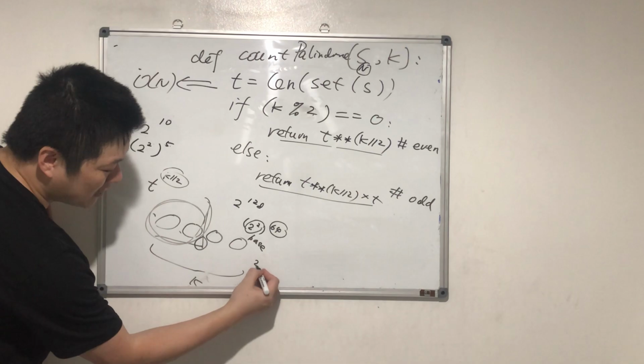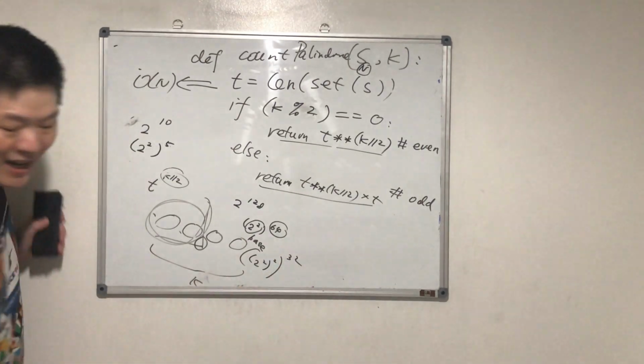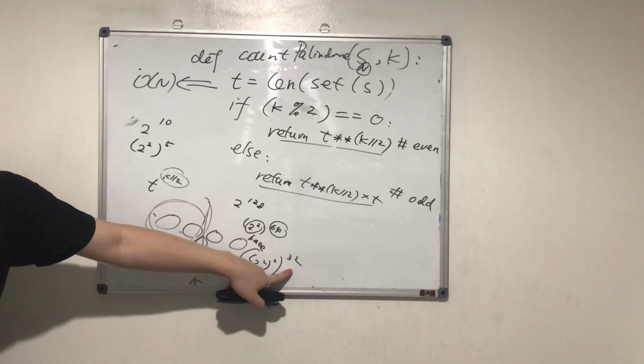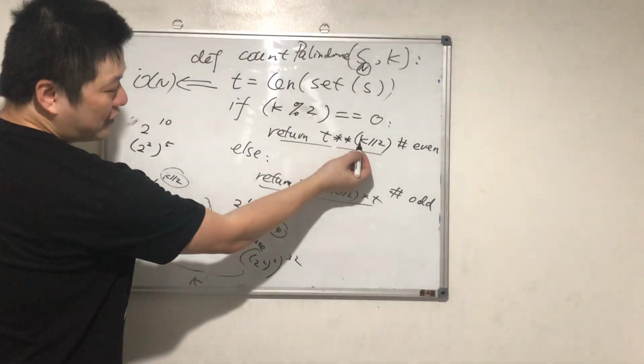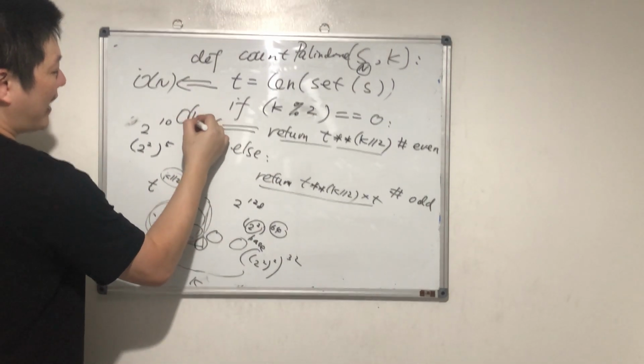It's half again, and half again. So it's log n, in this case log k. So O(log k).